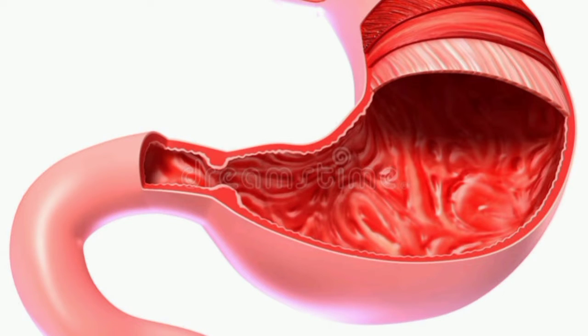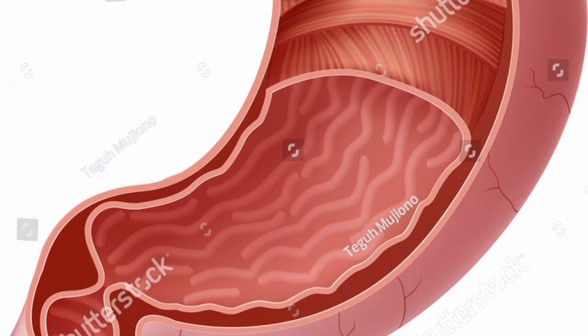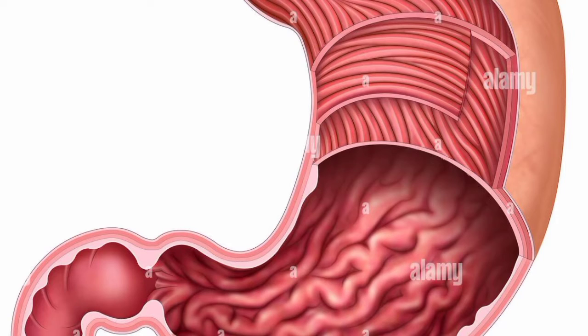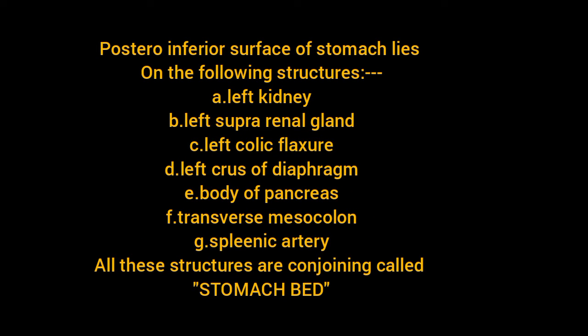If we see the posterior inferior surface, the stomach lies on some structures such as the left kidney, left suprarenal gland, left colic flexure, left crus of diaphragm, body of pancreas, transverse mesocolon, splenic artery. Okay, all these structures together are called the stomach bed in supine position.